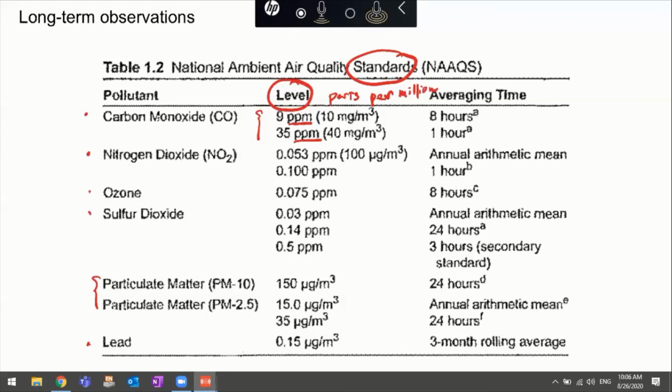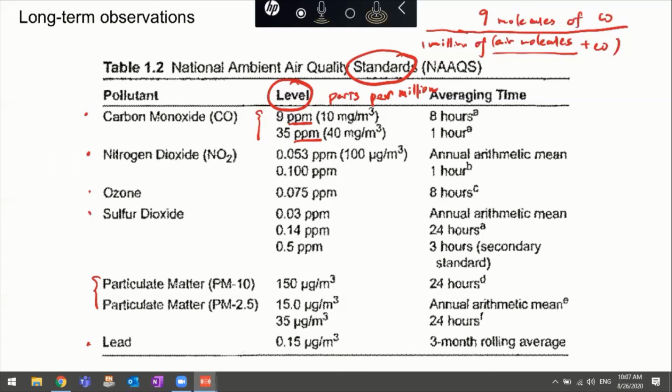So 9 ppm just means that among 1 million of the air molecules, which also include these gas species, there are 9 molecules of carbon monoxide.